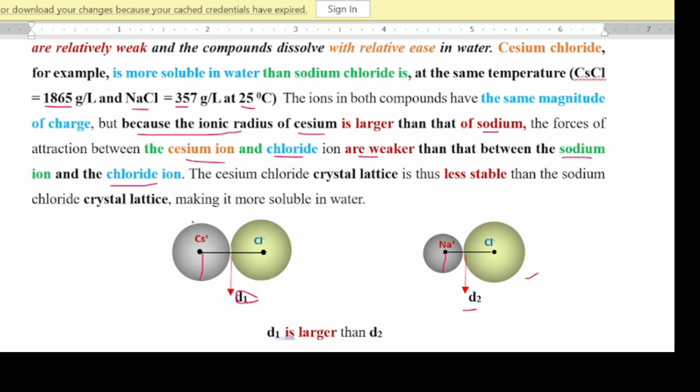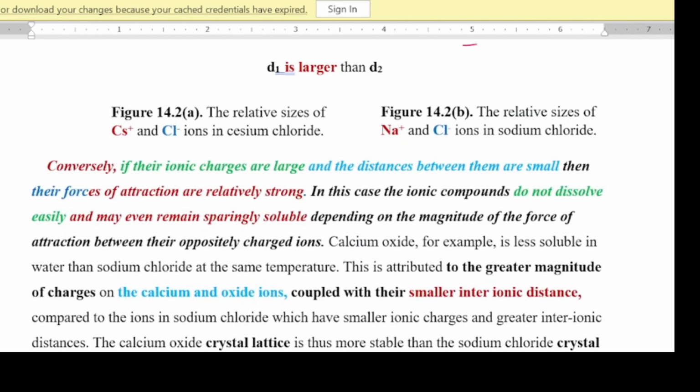So that makes the crystal lattice of cesium chloride less stable than sodium chloride. In other words, these guys are not attracting each other so strongly. Therefore, the water molecules will be able to pluck these out of the crystal with relative ease than will happen here. For that reason, cesium chloride will be more soluble than sodium chloride. All right.